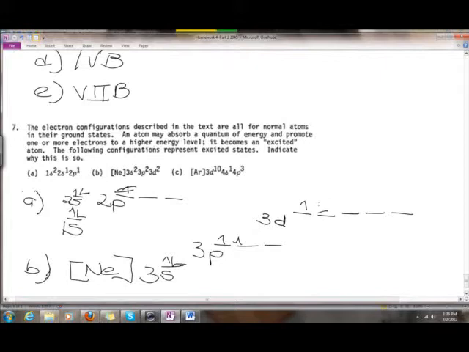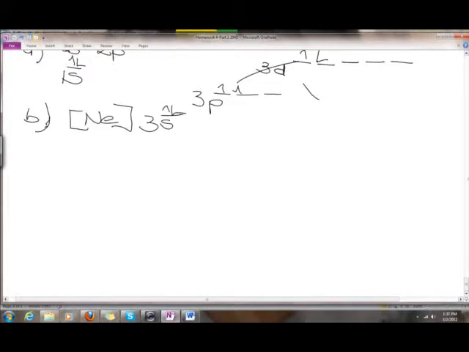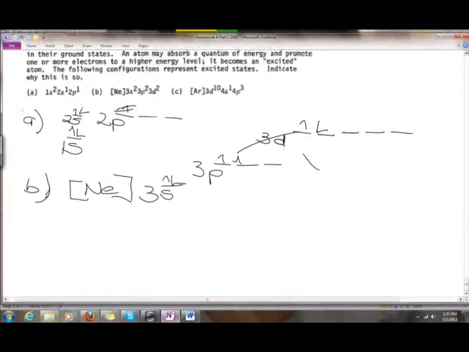Can it jump? Can it be there without filling the p? No, that's why. According to what rule? Aufbau principle. Okay, just remember that.